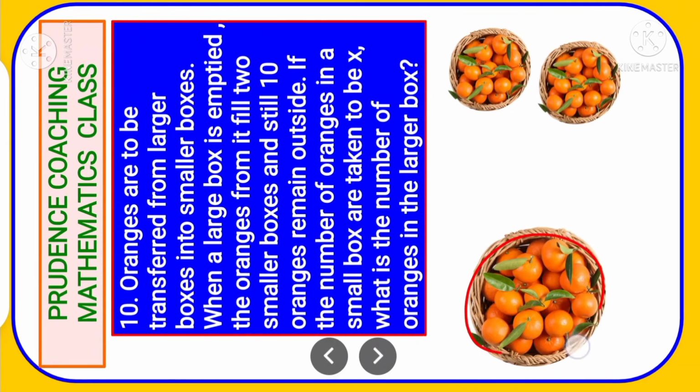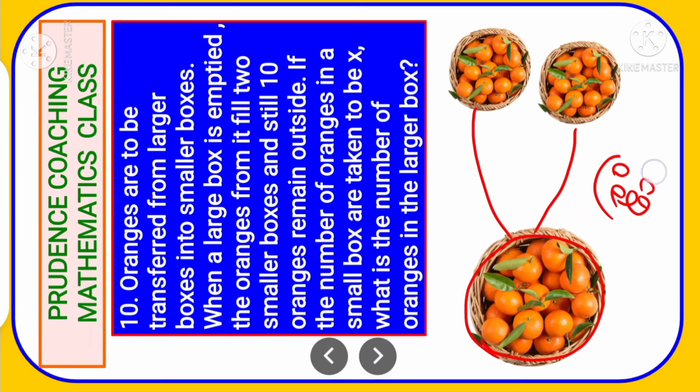So let us consider this basket to be a box. If a large box is emptied, you will find that 2 small boxes will be filled. After that also 10 oranges will be left over. So you need to find out the total number of oranges in this big box, when a single box can contain x number of oranges.